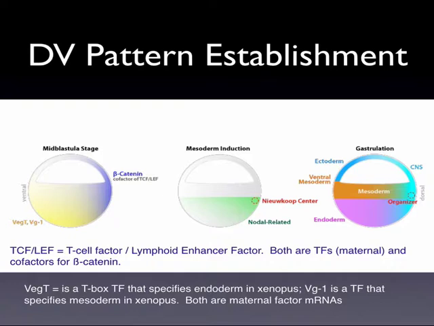Vg1 is a mesoderm specifier. Coupled with the fact that VegT also induces XNRs, nodal-related proteins, to be produced, we get that Nieuwkoop center turned on, which induces the organizer just above it at the prospective blastopore lip.